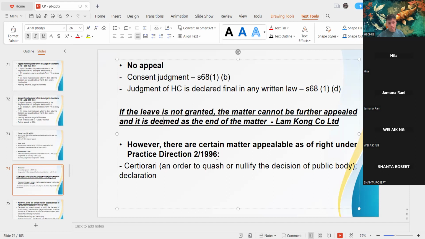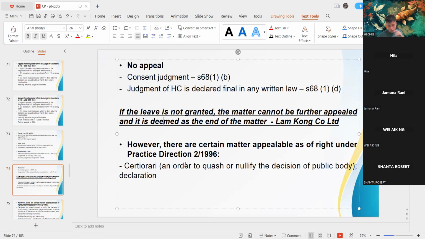Now, there are certain matters that can be appealed as of right under the practice direction. First thing is the certiorari. The certiorari means that in order to quash or nullify the decision of a public body.